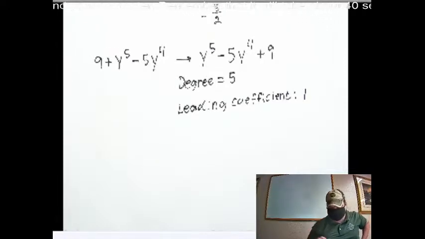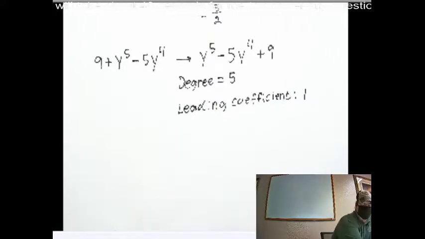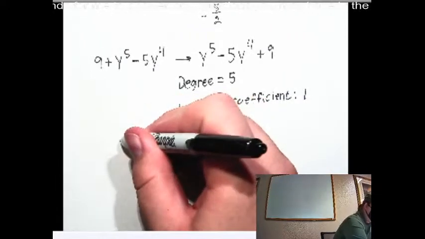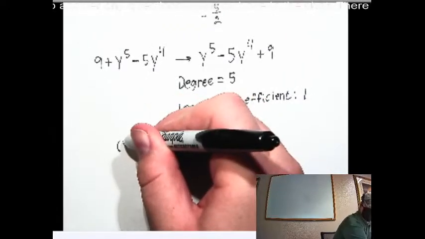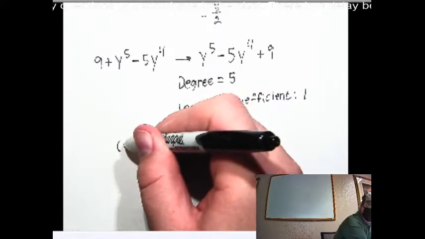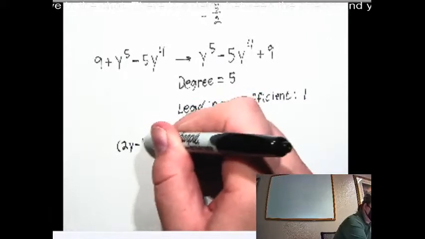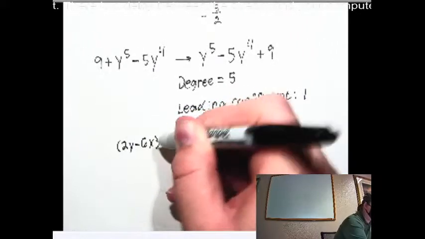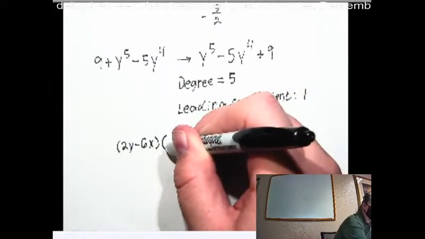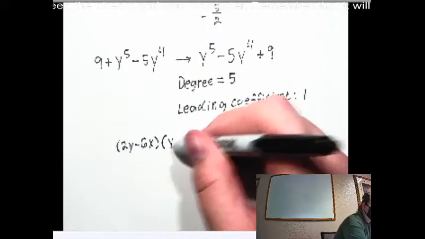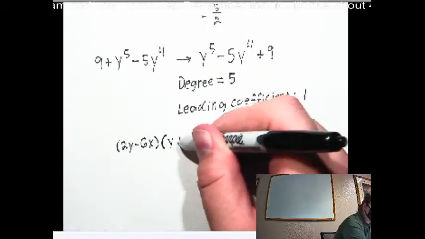All right. Next, we have multiply the following polynomials as indicated. So this is 2y minus 6x times y plus 6x.